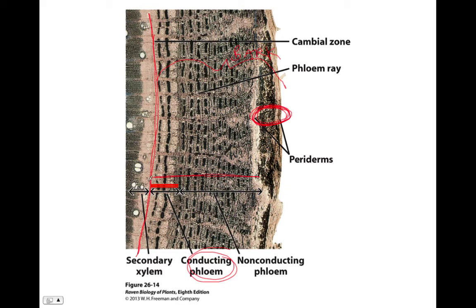Just internal to the vascular cambium is the functioning secondary xylem. This would be the sapwood. And deeper into the tree would be the heartwood.